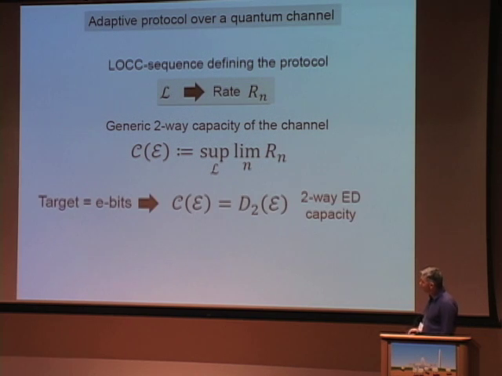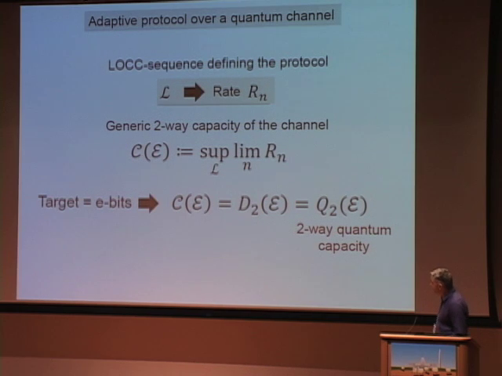In particular, suppose that the target state is a maximally entangled state, so you want to distribute ebits. Then that capacity is the two-way entanglement distribution capacity. It's the maximum number of ebits you may transmit through the channel per use of the channel.